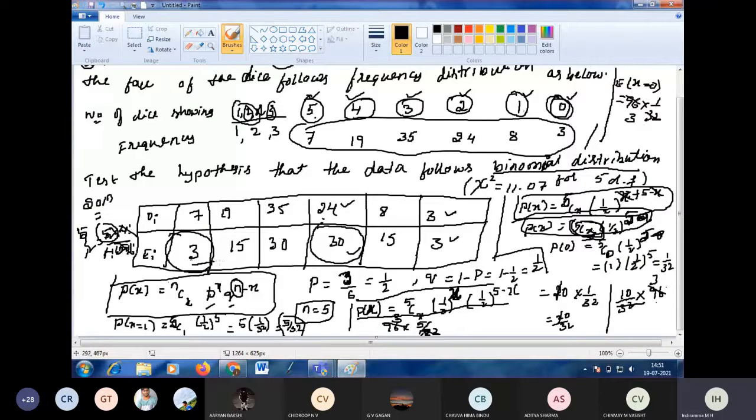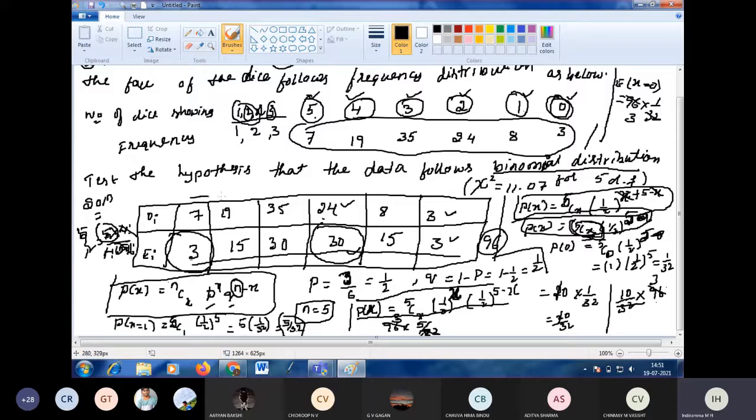If you add all these frequencies, what will you get? 3 plus 15 plus 30 plus 30 plus 15 plus 3 is 96. Obviously, it should be 96.